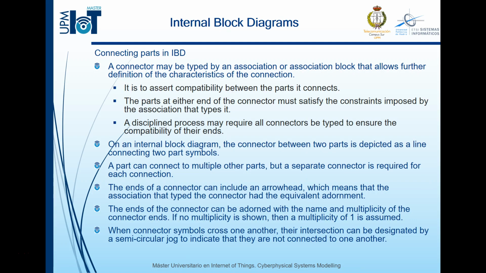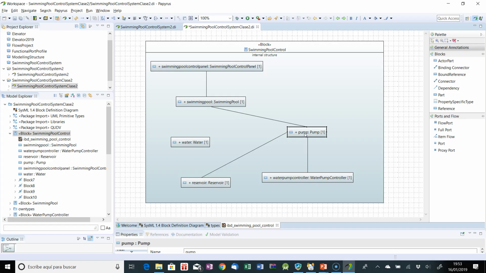A connector may be tied by an association. It's something that we are going to do later, not now. But it's important to consider now, in the case of the example we are doing here. As we said, there is a connector from the swimming pool to the swimming pool controller. In the real world, this means that we have hardware here, that is the swimming pool.